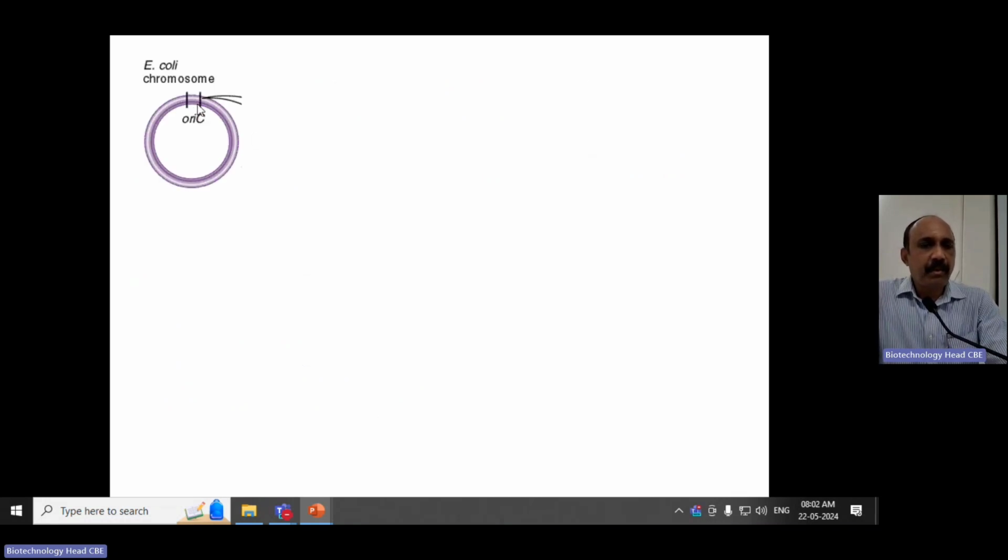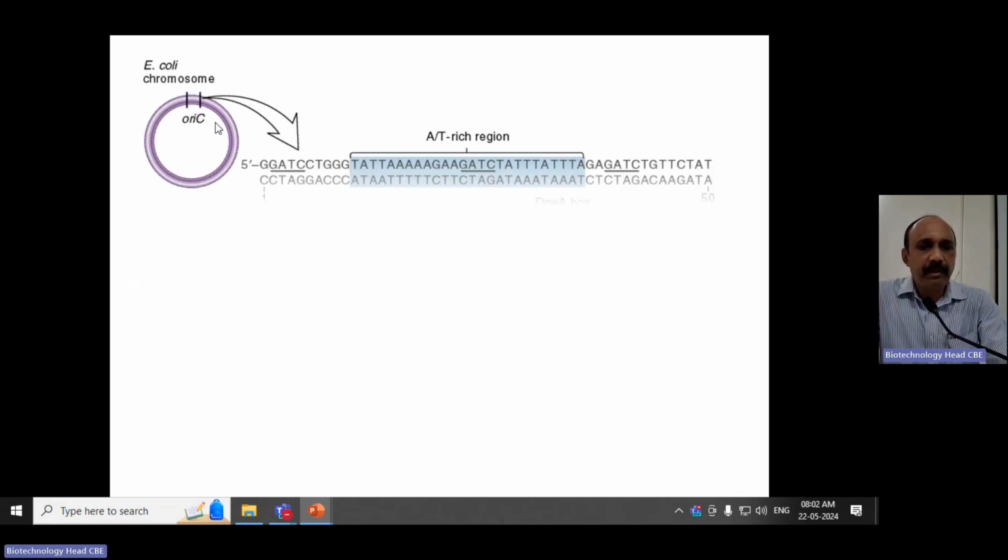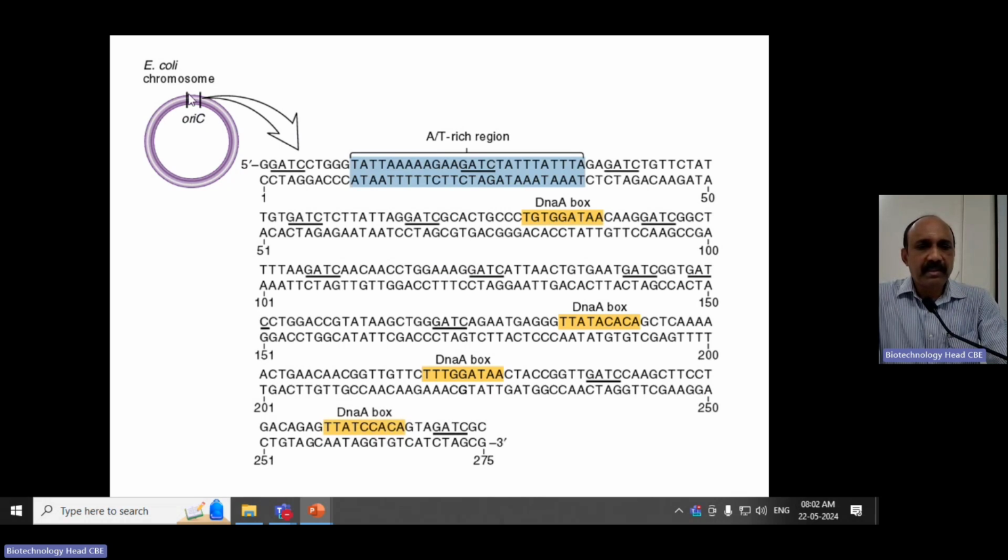This ORI-C in the E. coli chromosome consists of around 275 bases.